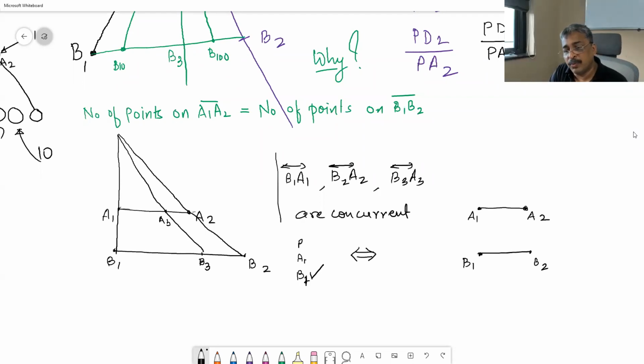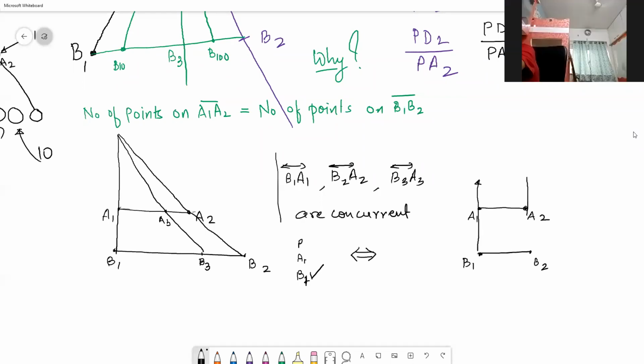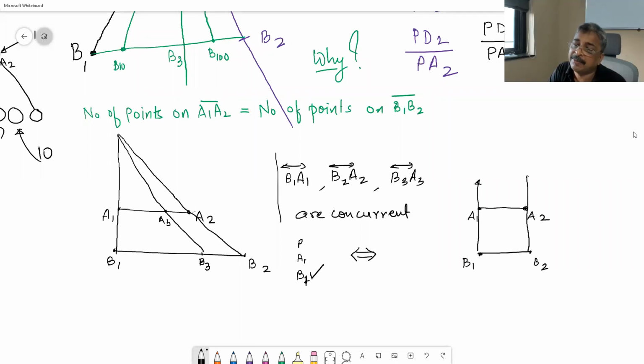So now we are able to say that B1A1 and B2A2 will be concurrent. They are of exactly the same length. Now this would have been easy to explain why the number of points on A1, A2 equals the number of points on B1, B2.